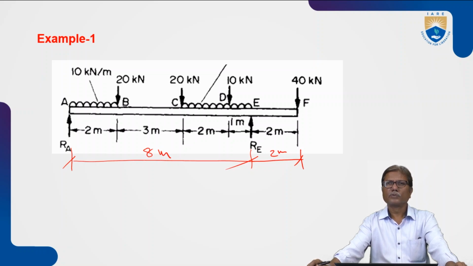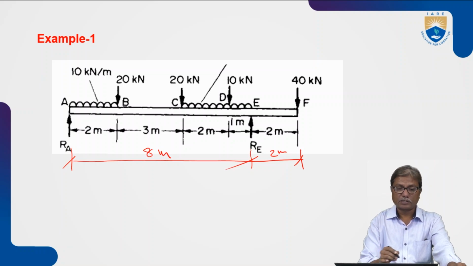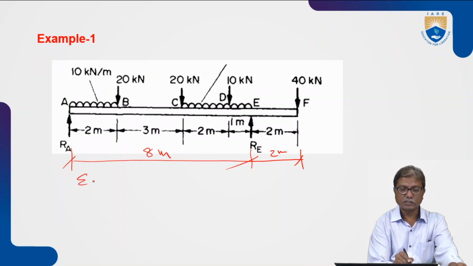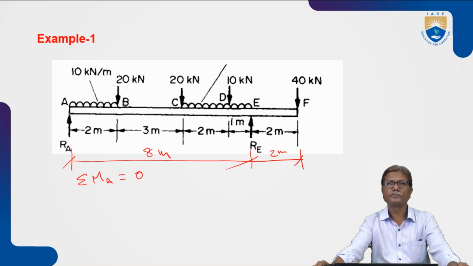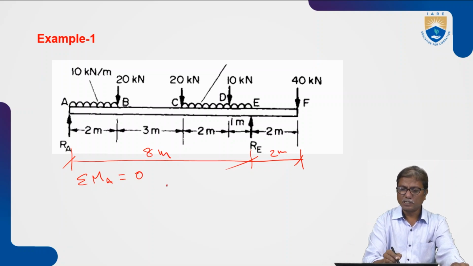The very first thing to do is to find the reactions at the supports A and E, RA and RE. For that, we'll consider the moments about A. That means apply the condition sigma MA equal to 0, one of the equilibrium conditions. This eliminates RA and we will have RE in the equation.